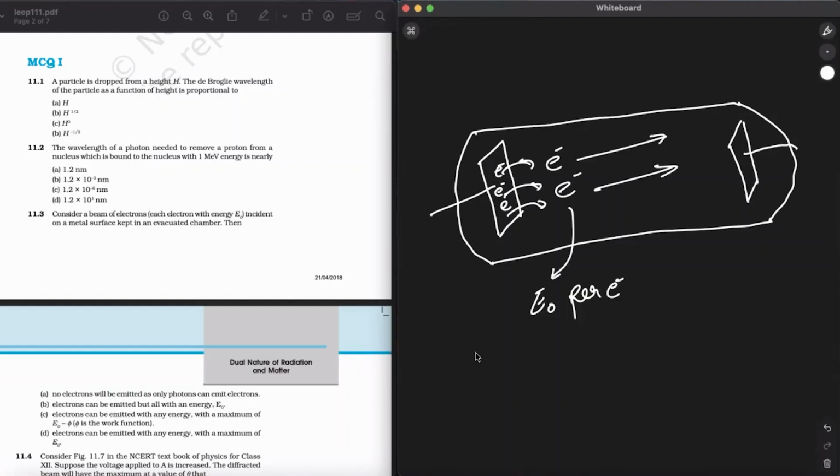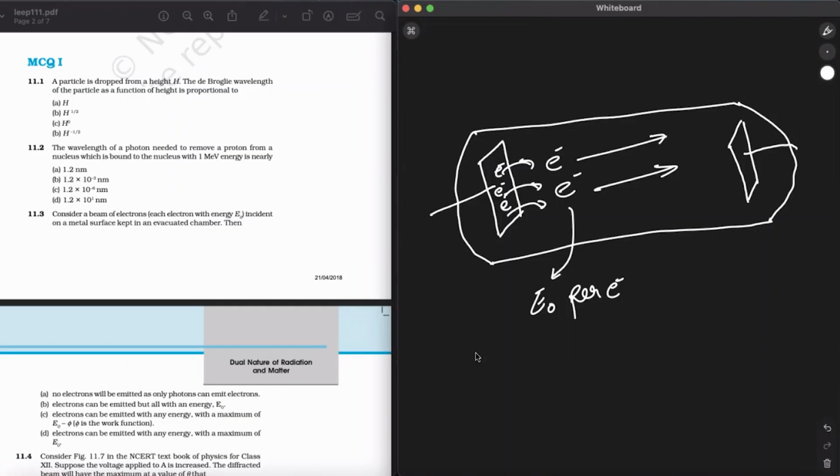Let me just tell you the basic concept. Option D is correct. If a beam of electrons having energy E naught is incident on a metal surface which is kept in an evacuated chamber, as given in the question itself, the electron can be emitted with maximum energy E naught, due to elastic collision.